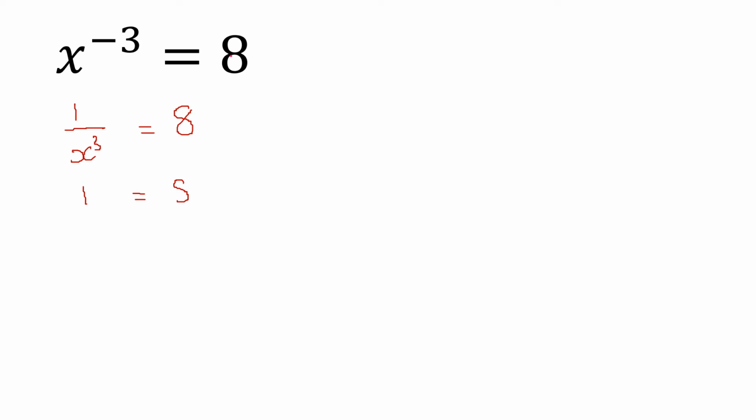equals 8x cubed. And then again we need x by itself, so let's get rid of the 8, it's currently being multiplied by 8, so if we divide by 8 we'll have an 8th equal to x cubed.